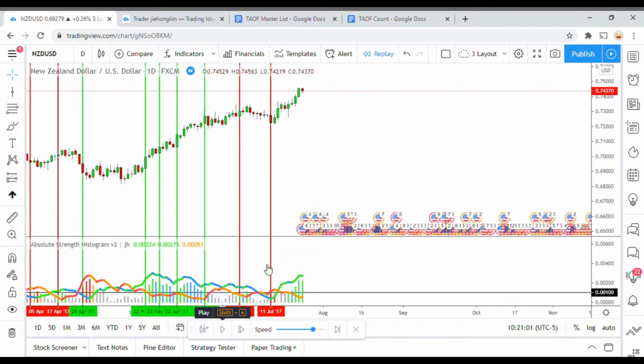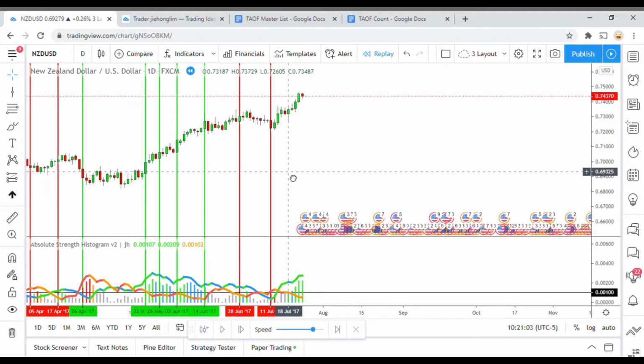So playing it forward, we then pick up a long signal over here. Can't quite see if it cleared. It did. You look at our coordinates over here, you can see that it was slightly above the 0.001.